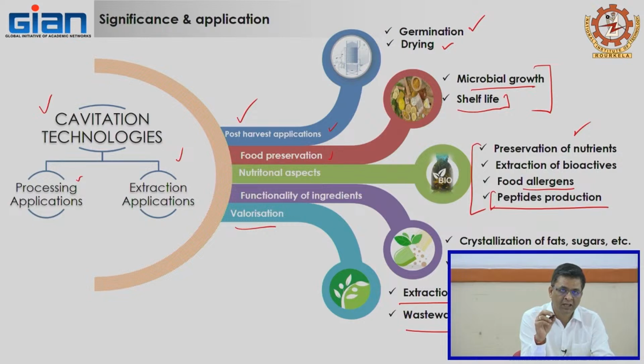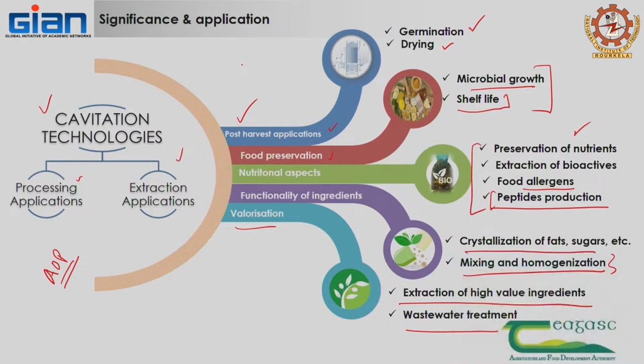If we use cavitation along with ozone or plasma, we can also achieve advanced oxidation processes, where cavitation helps in diffusion of those ionic species into the matrix and enhances the distribution. So this can be used not only for processing but also for preservation and valorization.